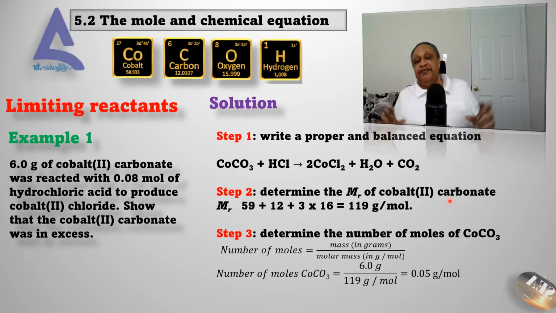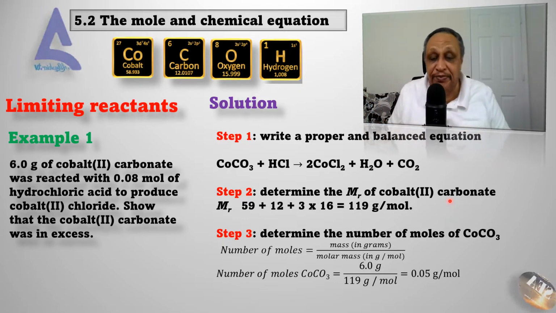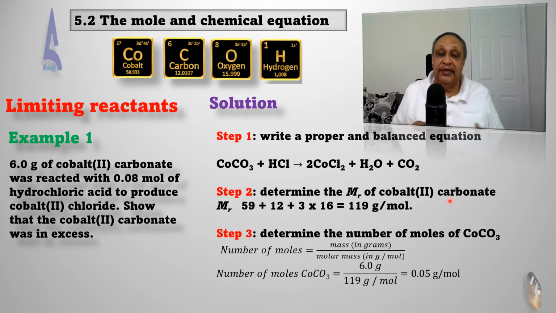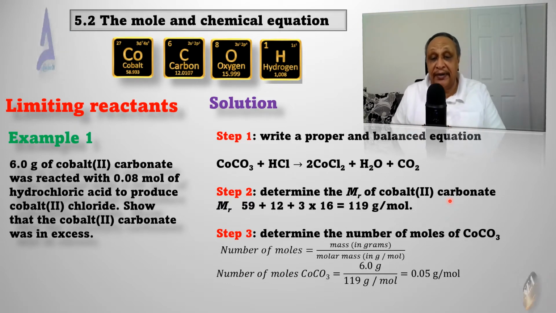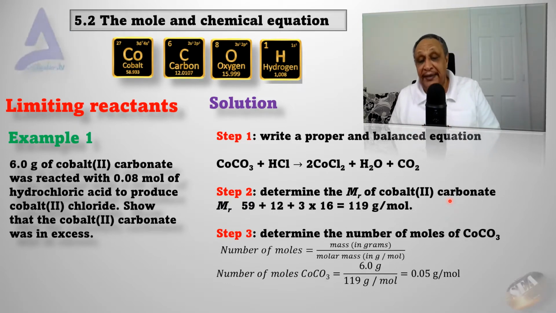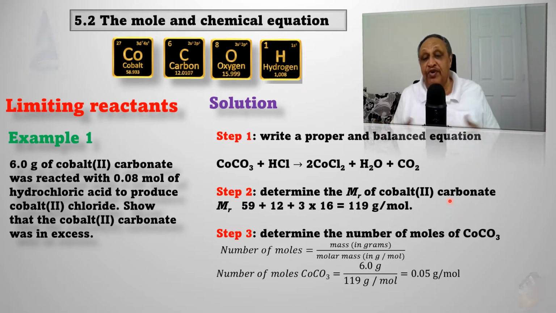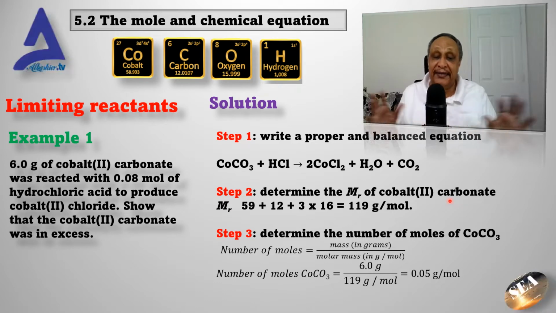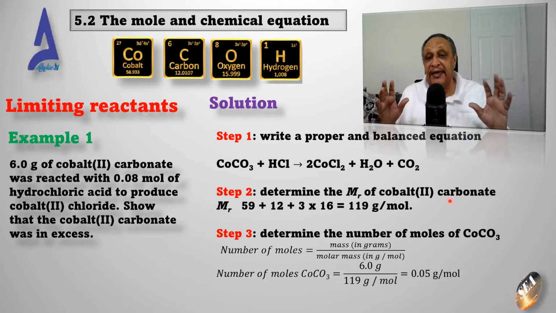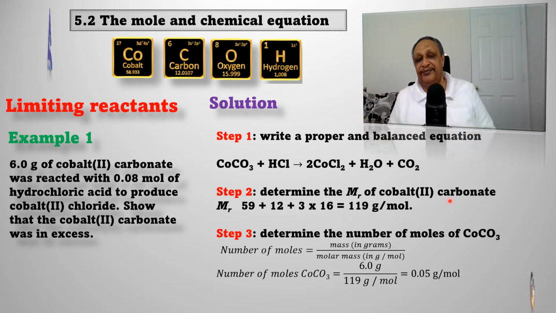So this is proper, and just by adding 2 to the HCl and 2 to the copper(II) chloride, we have 2 moles of copper chloride. Now it is a proper and balanced equation.